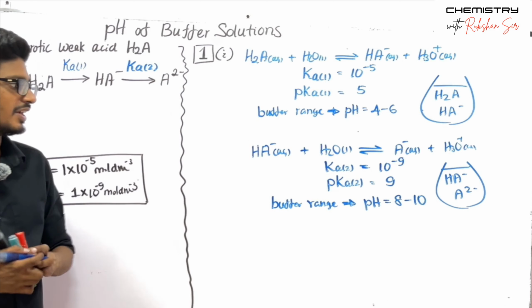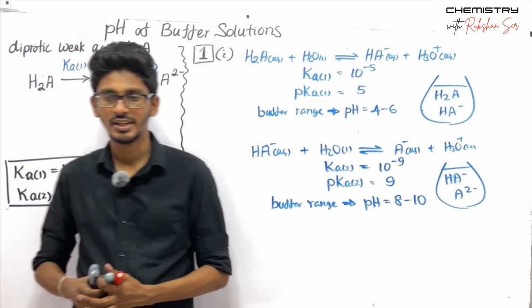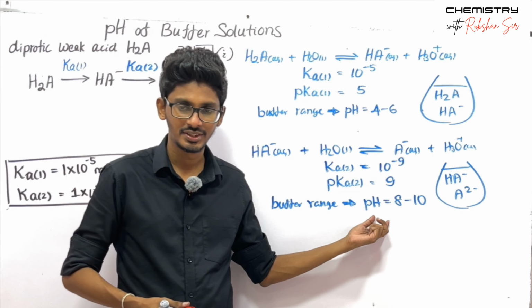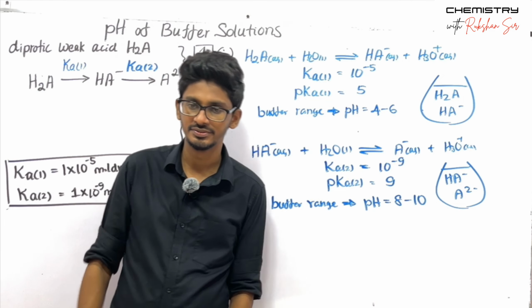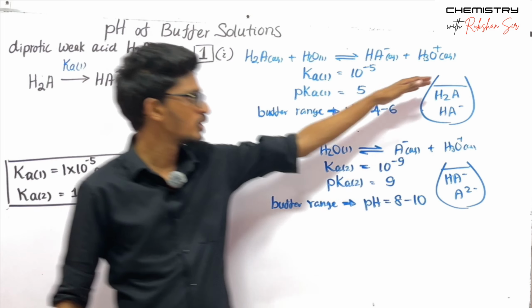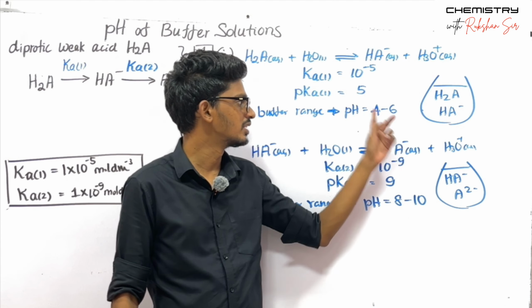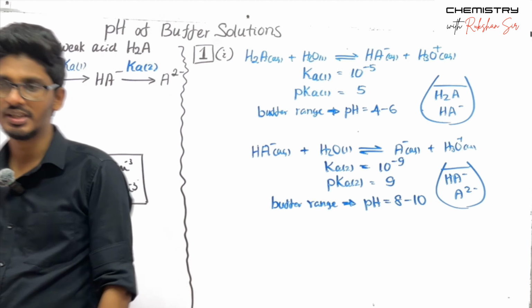So with the use of HA minus and A2 minus, you can prepare buffer solutions with pH values in between 8 and 10. With the use of H2A and HA minus, you can prepare buffer solutions with pH values in between 4 to 6. Right? That is the idea.